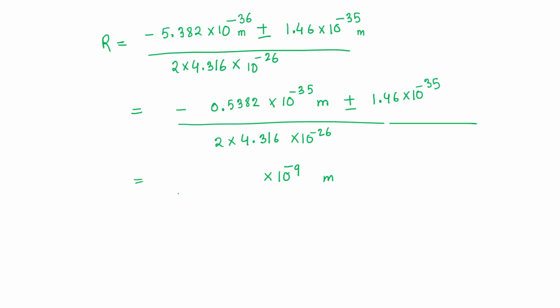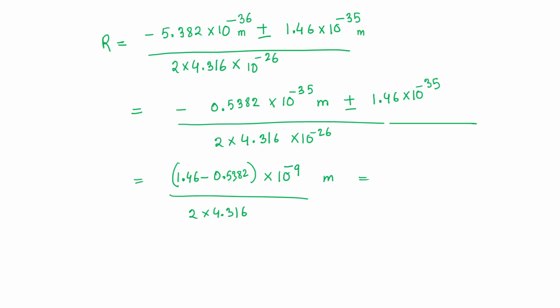And we have 2 into 4.316, and we can only take the plus one. So it is something like 1.46 minus 0.5382. We are close. Moment of truth.